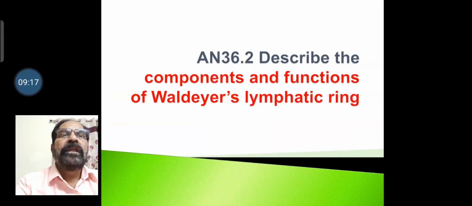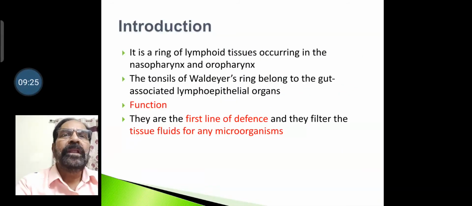Then we come to describe another competency, components and functions of Waldeyer's lymphatic ring. It is a ring of lymphatic tissue occurring in the nasopharynx and oropharynx. The tonsils of Waldeyer's ring belong to gut-associated lymphoepithelial organs. Function. The main function of the Waldeyer's ring is the first line of defense, and they filter the tissue fluids for any microorganisms.